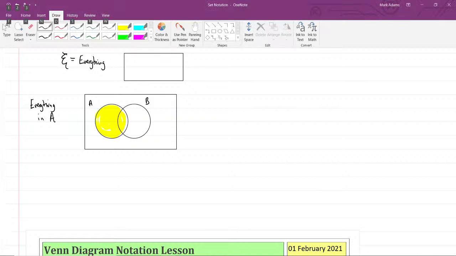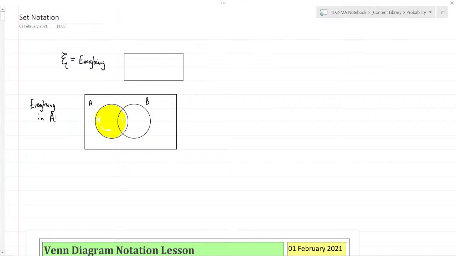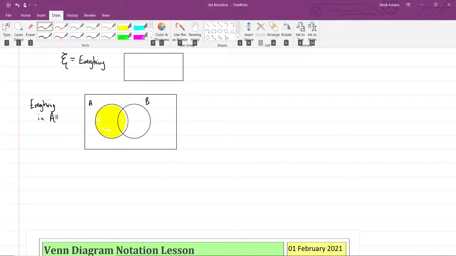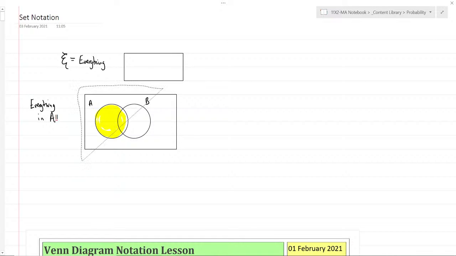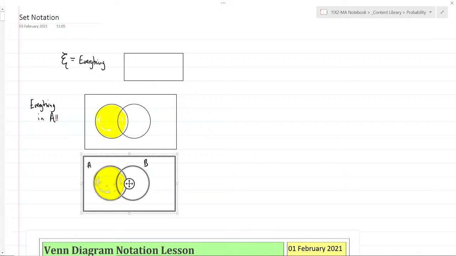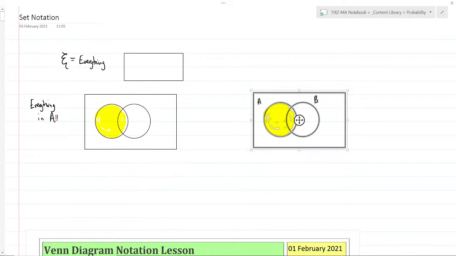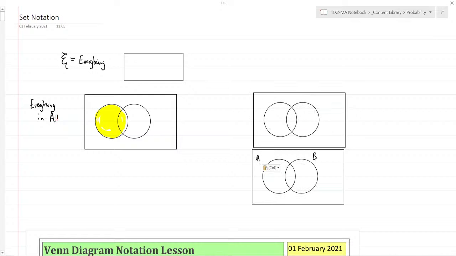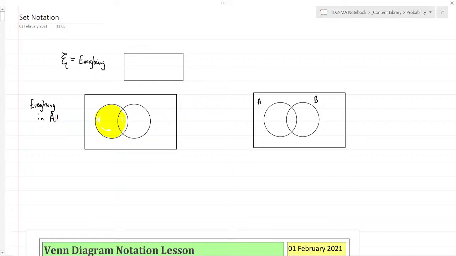And in a very similar way, if I wanted to do this for B, I'm going to copy that. If I wanted everything in B, that's going to be everything which is on the left-hand side of the circle.